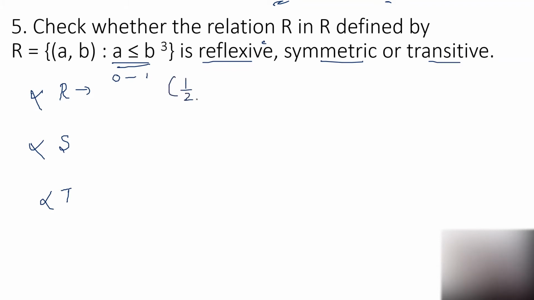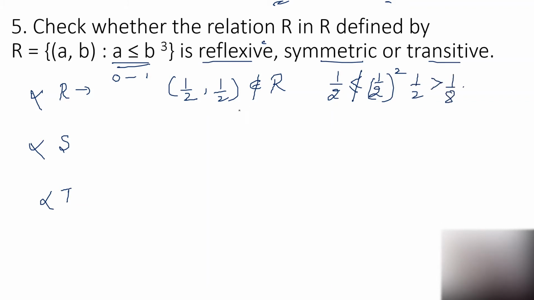So let us consider again 1 by 2 and 1 by 2. This does not belong to this relation. Why? Because 1 by 2 is not less than or equal to (1 by 2) cube. 1 by 2 is greater than 1 by 8. Therefore, this is not reflexive.